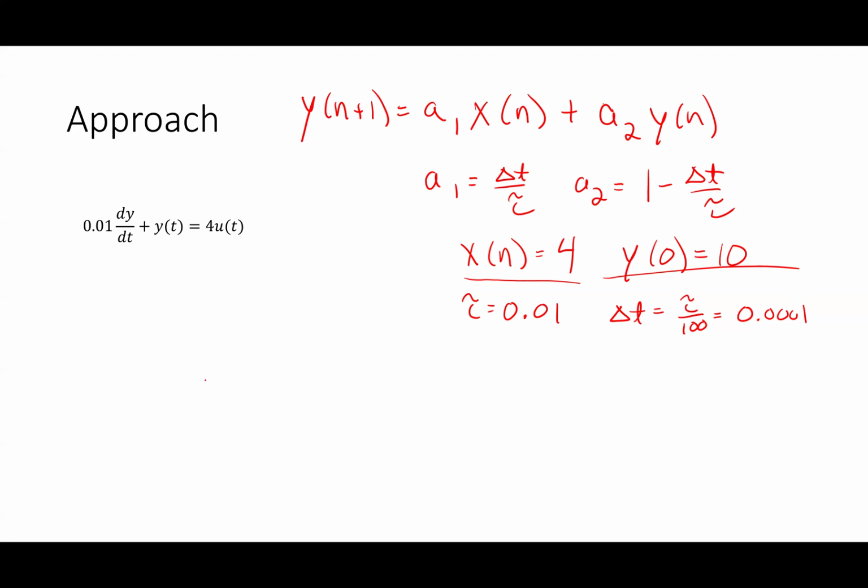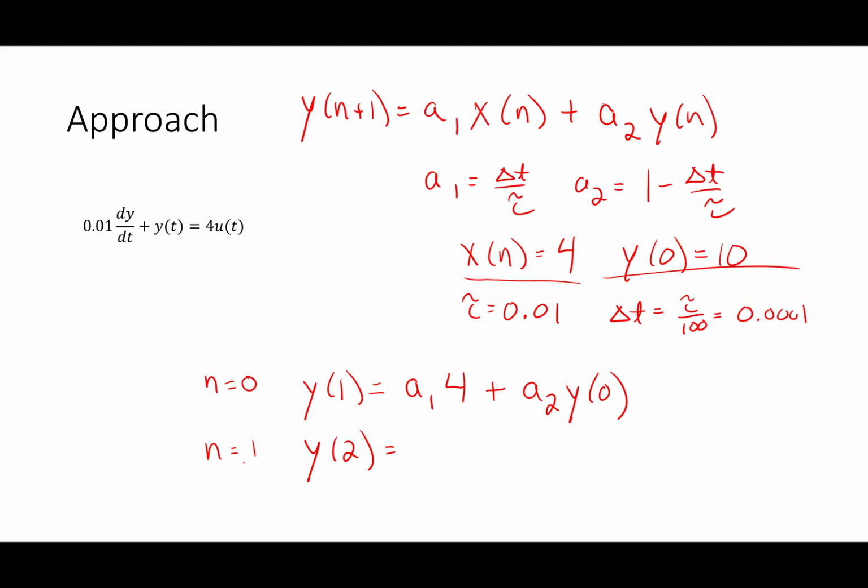When n equals 0, y of 1 equals what? How would I code that? Well, I would say A1 times whatever x of n is. What's x of n? Well, it's 4, right? Plus A2 times y of 0. What was y of 0? It's 10. Okay. What's y of 2?